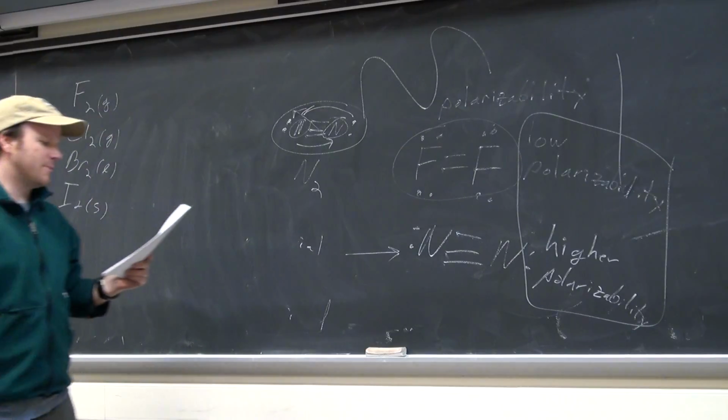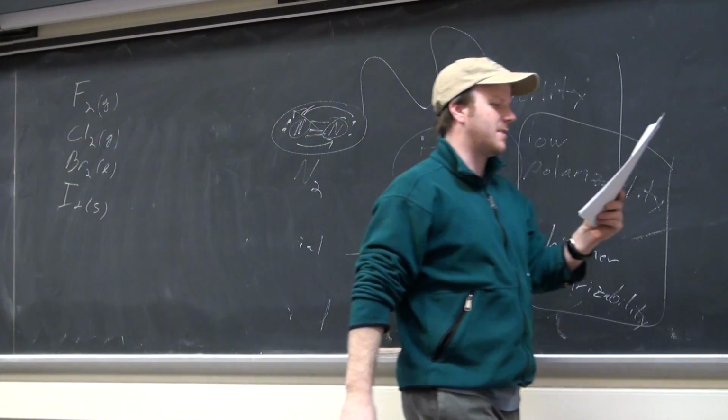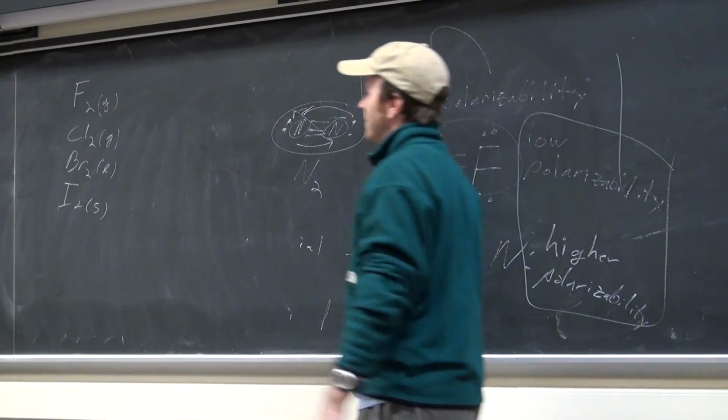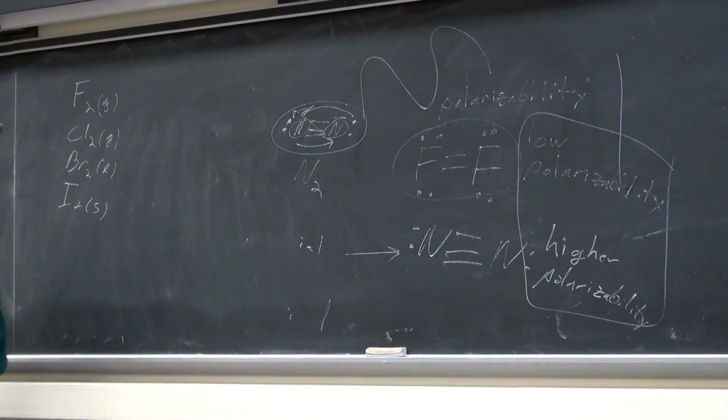At room temperature, the natural stable phase of the following halide elements is given below. Explain these observations in terms of the van der Waals interaction energy. So why is fluorine a gas and why is iodine a solid?